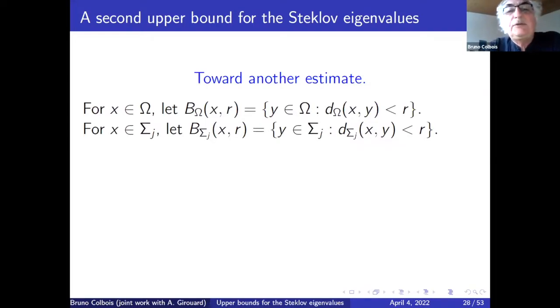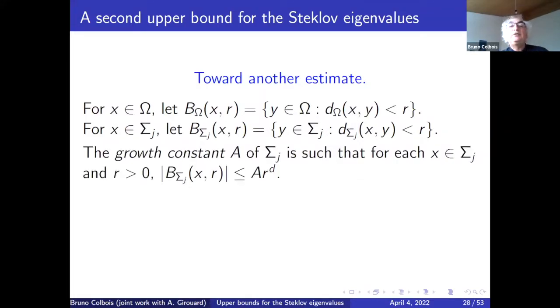Just to introduce a couple of notations. If I have a point on omega, again, I can consider the ball with respect to the extrinsic distance d omega. If I take a point on the boundary, I can, of course, consider the ball with respect to the distance in omega, but I can also consider the ball with respect to the intrinsic distance on the boundary, the same as before.